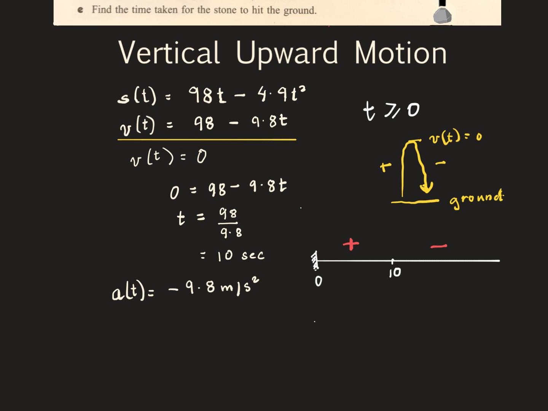Once again, our time is going to be positive, so it'll always start with 0, and the sign diagram here will be negative throughout. Please make sure that you label the sign diagrams. This one here is for velocity, and this one here is for acceleration.